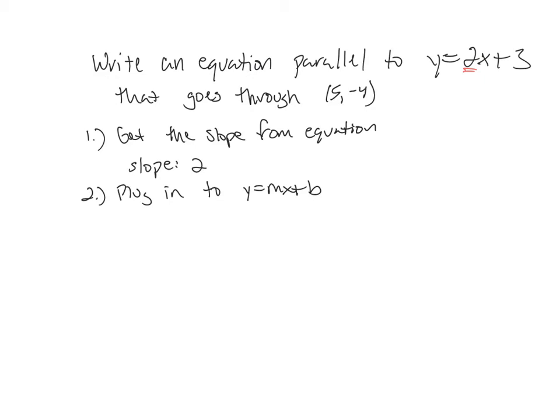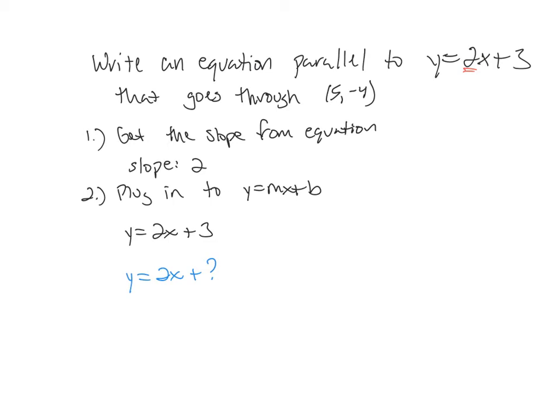So here's kind of the thing: the lines are parallel, so the slopes are the same. So in my original equation, we have y equals 2x plus 3. Well, the answer is going to be y equals 2x plus something different. The slopes are the same, so the 2x part will be the same.